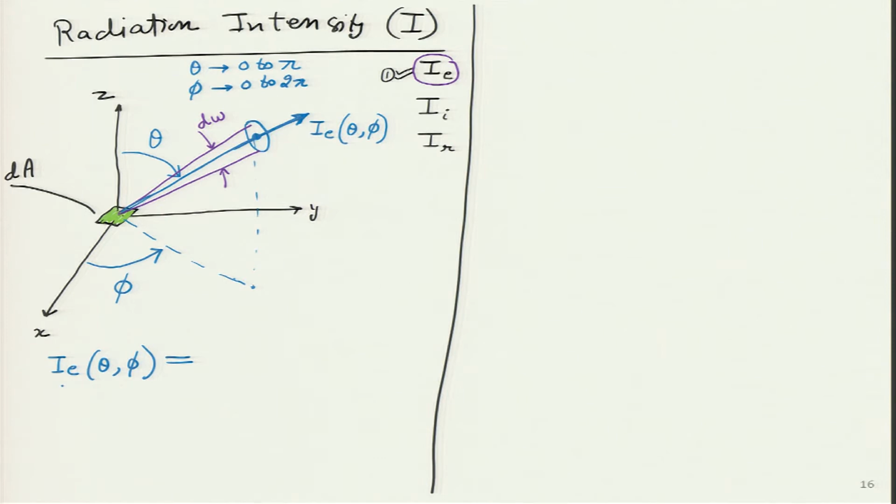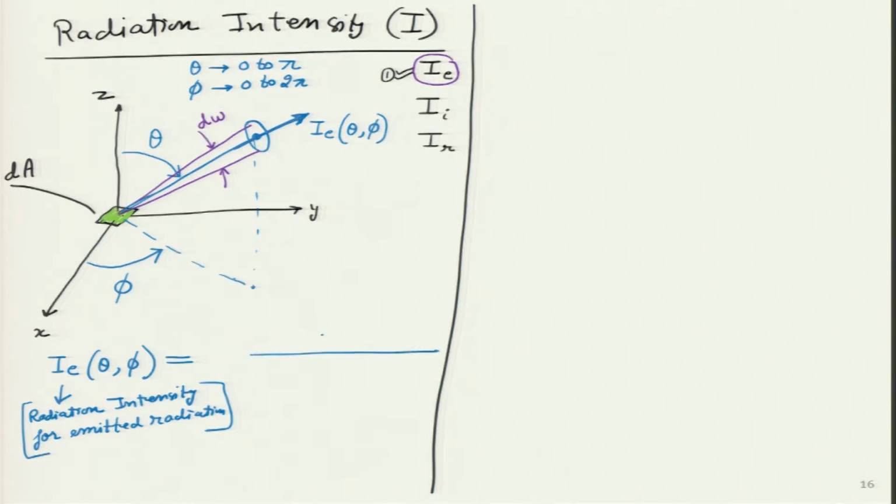First let me write down the definition for this. Formally, this is known as the radiation intensity for emitted radiation. And what is it going to be equal to?